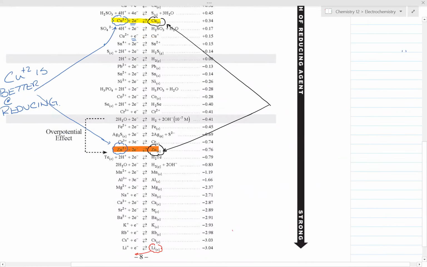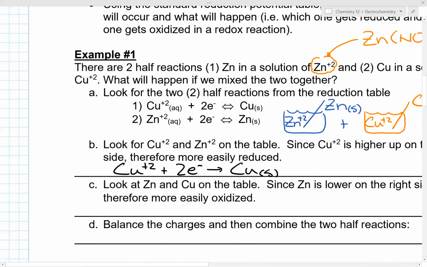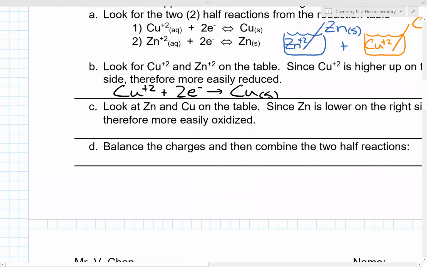So therefore, zinc solid tends to oxidize. If we were to write this out, zinc solid would give you zinc 2+ and 2 electrons.